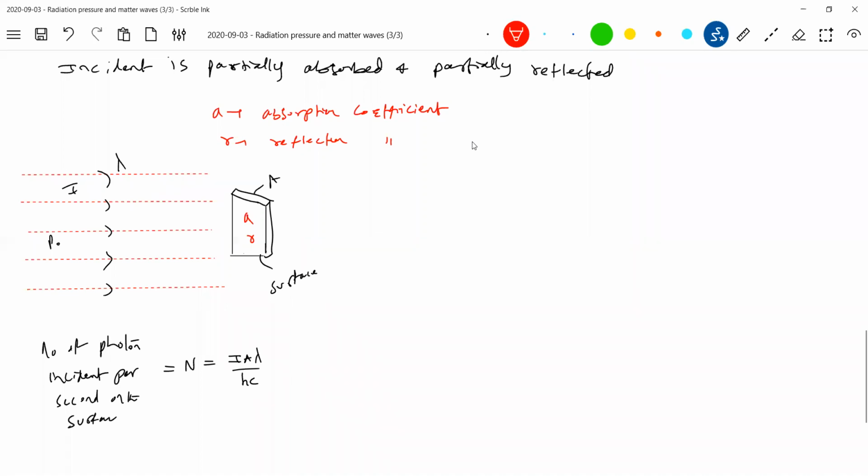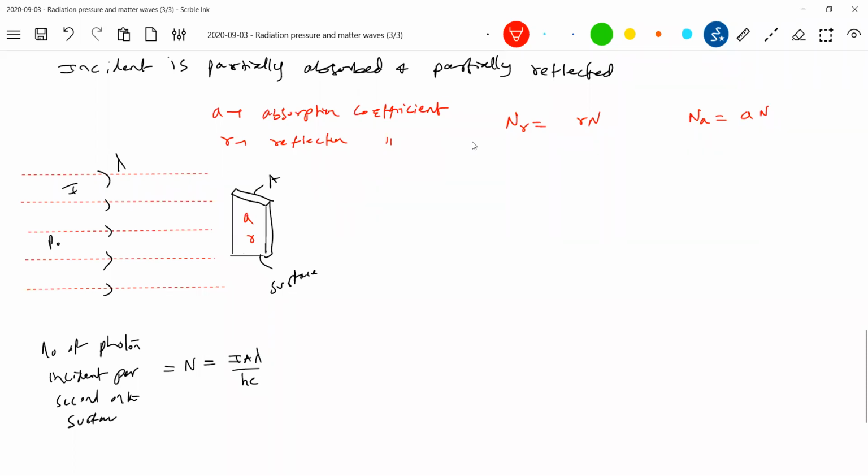They are purely a property of the substance, A and R. The number of photons reflected per second is n_r equals n into R. Similarly, n_a is the number of photons absorbed per second, equal to n into A.